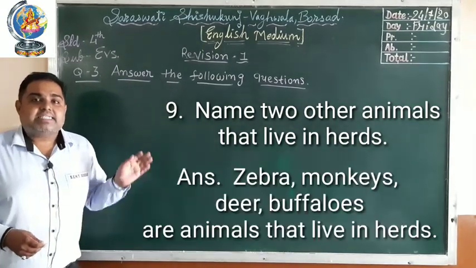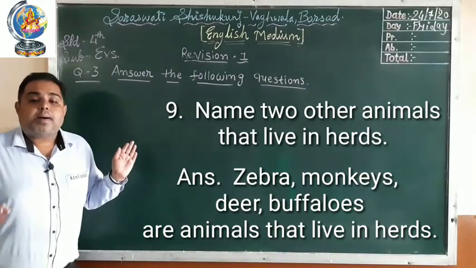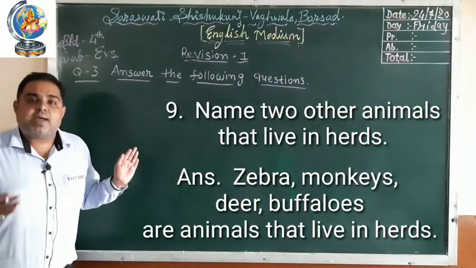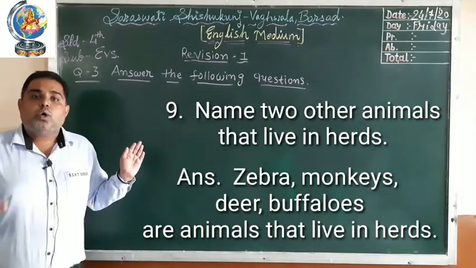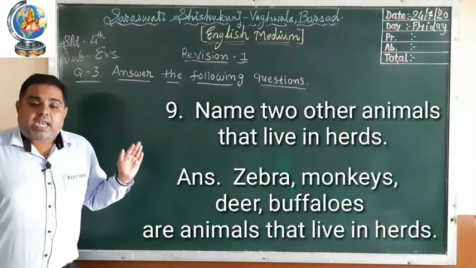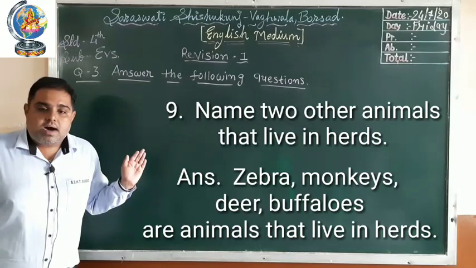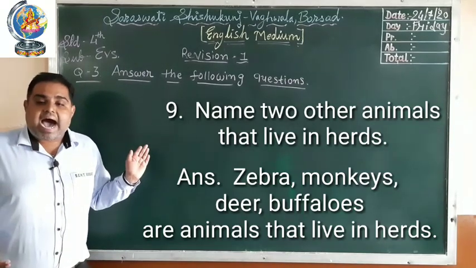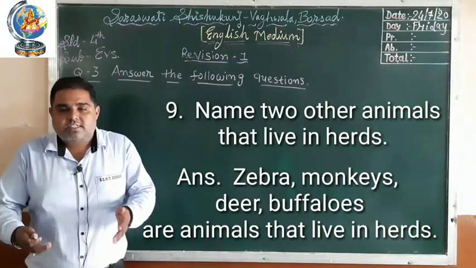Animals like zebra, monkey, deer, buffaloes, these types of animals live in herds or groups. Again, animals like zebra, monkey, deer, buffaloes are animals that live in herds.